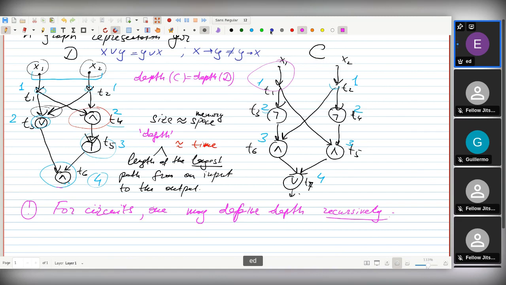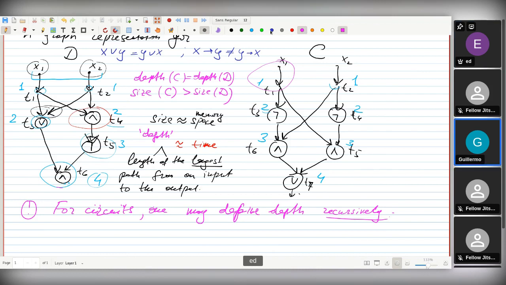It requires 4 units in both these circuits. But nevertheless, in terms of size, that is space, C is less effective. Its size is greater. Is it clear?